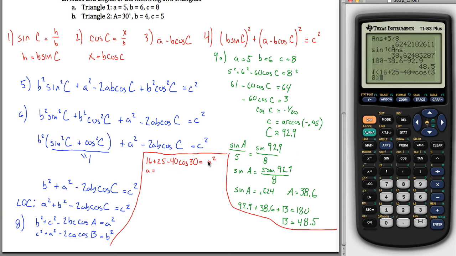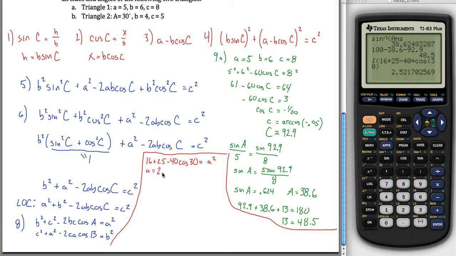So if I figure out what this number is on the left-hand side of my equation and then take the square root, what I get is that A is about 2.5 something, which we call 2.52. I don't really care about rounding. You can round these however you want.